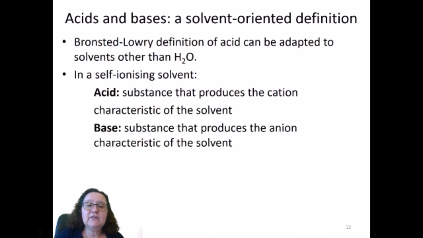When you're looking at a solvent that self-ionizes, but in which hydrogen ions do not really make sense, you can define an acid as the substance that will produce the cation characteristic of the solvent, and a base, a substance that produces the anion, which is characteristic of the solvent.